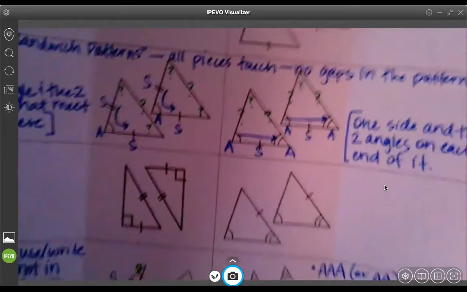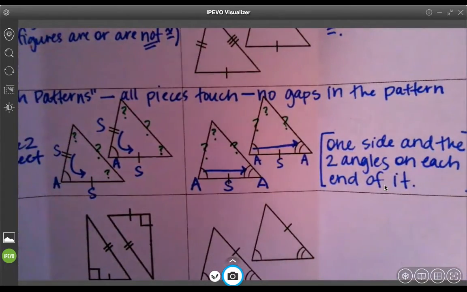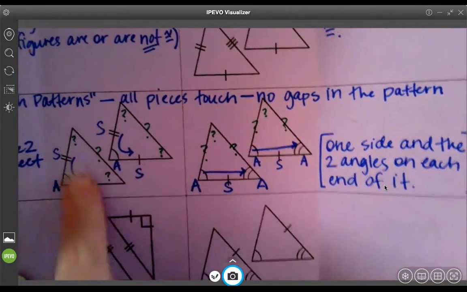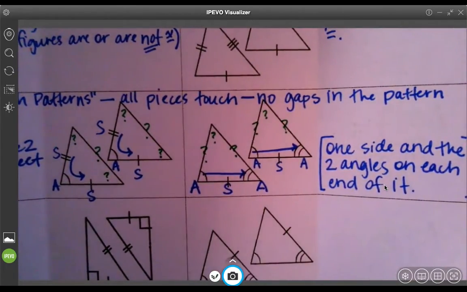Just like when you make a sandwich. I would really hope that if your last piece of bread hovers above the top and there's a gap of air in between your turkey and your bread, that's some really ripe turkey and you need to get rid of that sandwich. That is not a good sandwich. So make yourself a good sandwich with SAS and with ASA. A good sandwich has all the pieces touching.